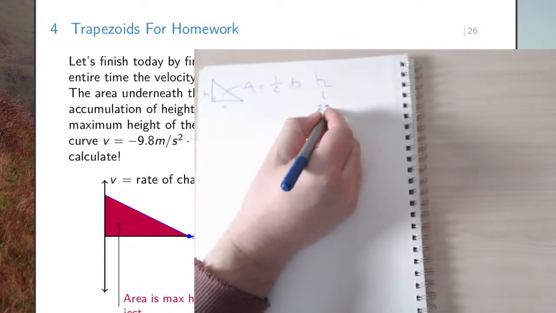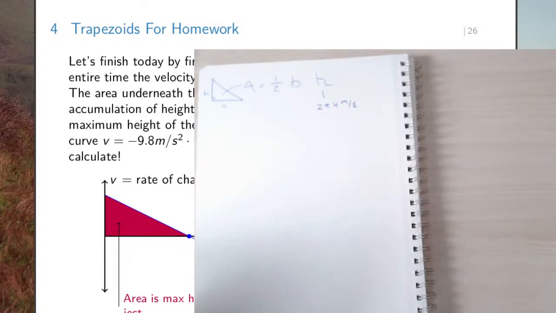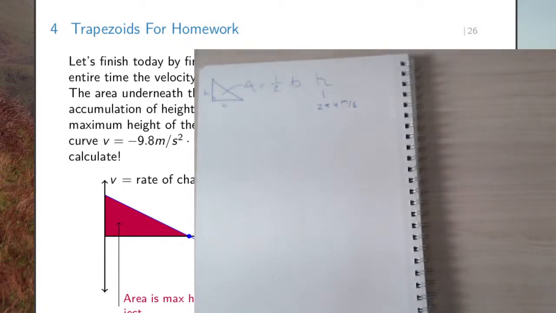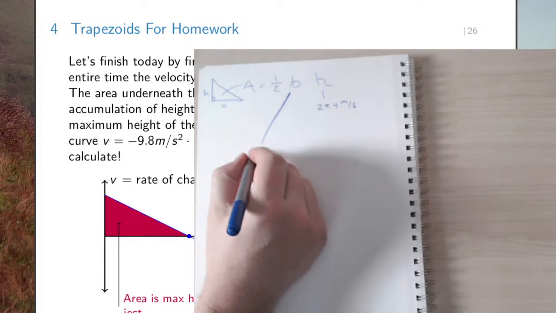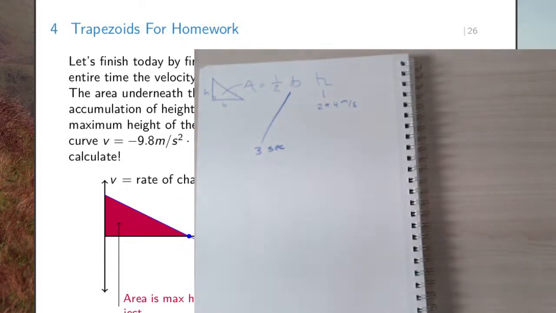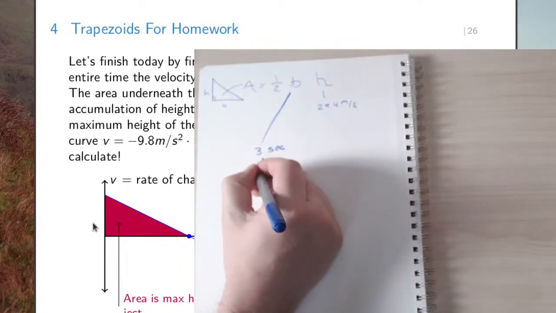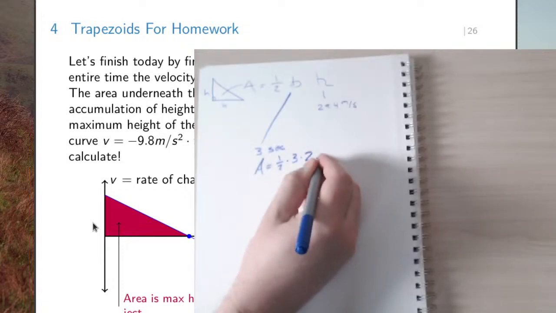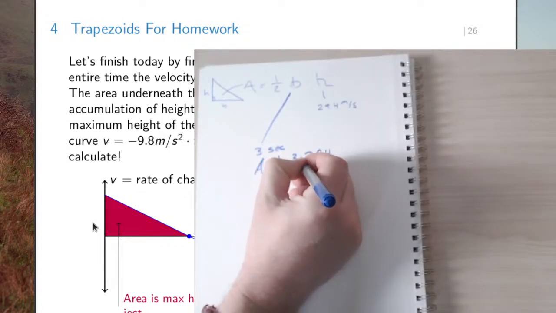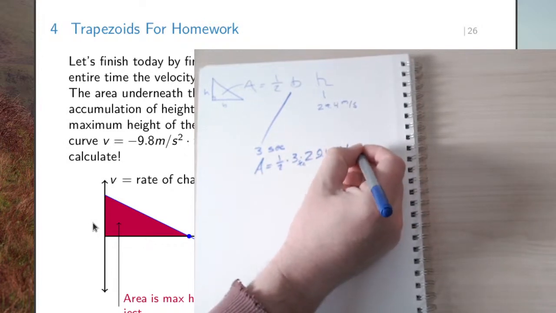This is 29.4 meters per second, and the base is 3 seconds, because if we look over here, the base is exactly 3 seconds wide, and the height is exactly 29.4 meters per second tall. And so we multiply 1/2 times 3 times 29.4 meters per second.